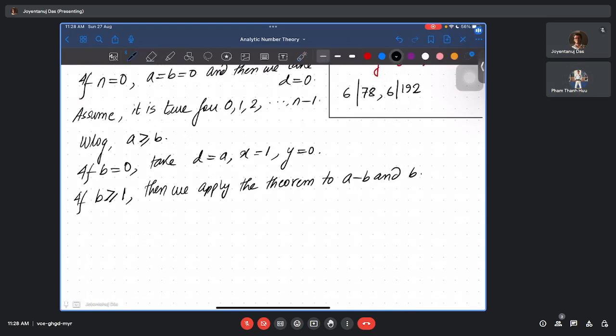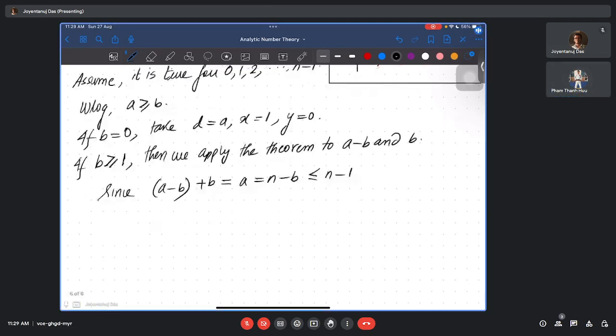So now, since A minus B plus B, that is equal to A, that is nothing but n minus B, because A plus B is n, that is less than or equal to n minus 1. So now we can apply induction.